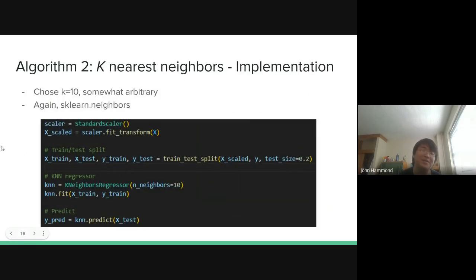In this case, I chose k equals 10. It is somewhat arbitrary. I was playing around with it, going up and up until it stopped improving. Again, sklearn.neighbors was super useful. You can see here it's again a single line of code, neighbors equals 10, with the same 80-20 split.